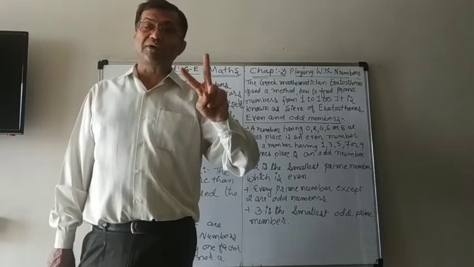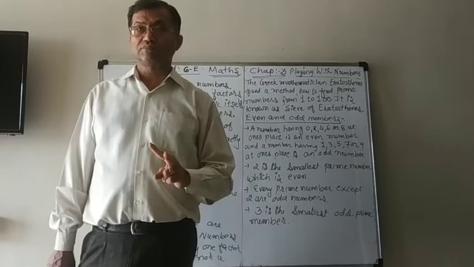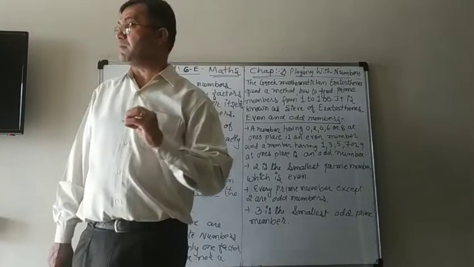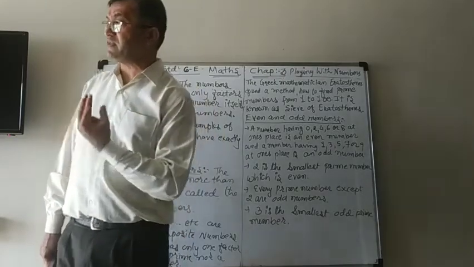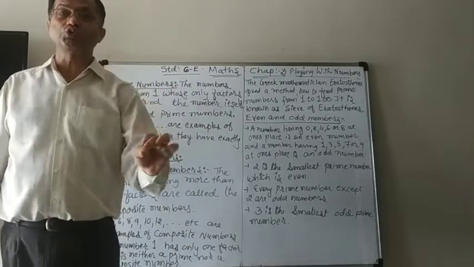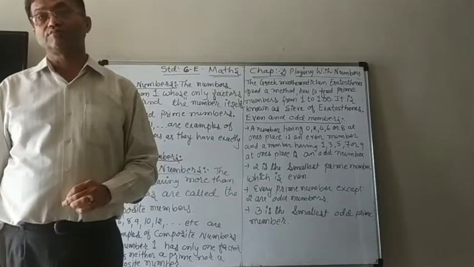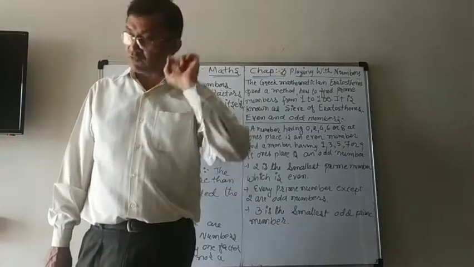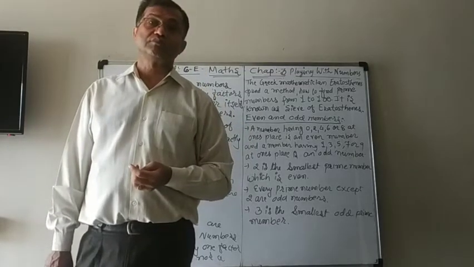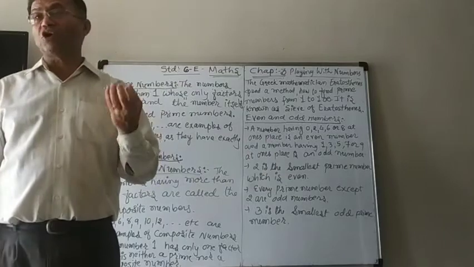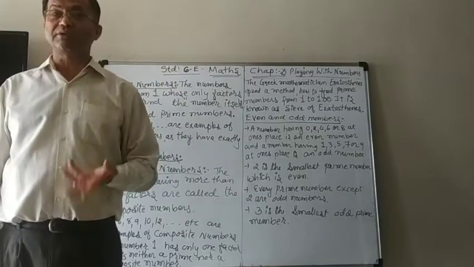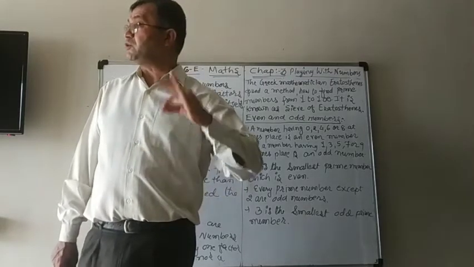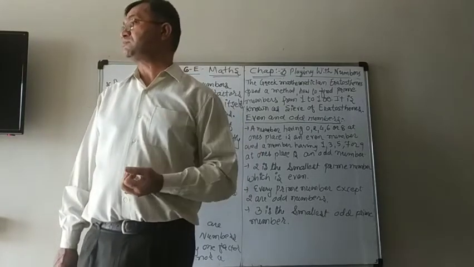It means it doesn't have exactly 2 factors, so it cannot be a prime number, because to be a prime number, the number must have exactly 2 factors. And obviously it is not a composite number either, because to be composite, it must have more than 2 factors. It doesn't even have 2 factors.